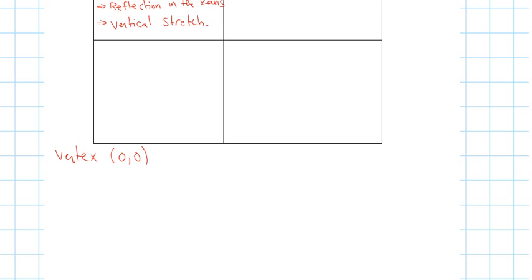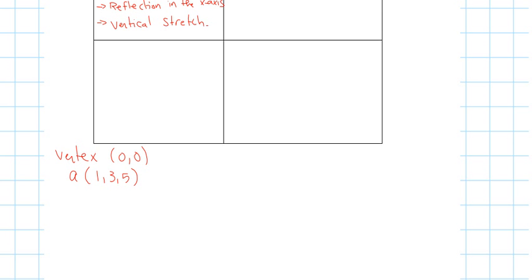What is the regular step pattern? 1, 3, 5. But because I have the vertical stretch, it's going to change the step pattern. Remember, I told you that the step pattern is a times 1, 3, 5. Do you remember that? Okay, and I told you we're going to see why it's a.